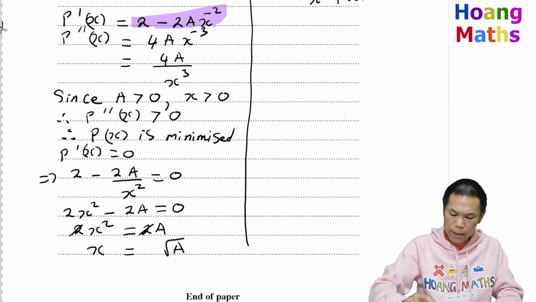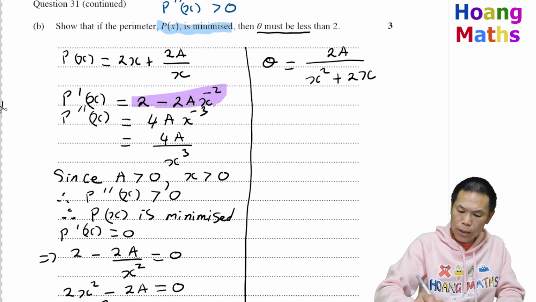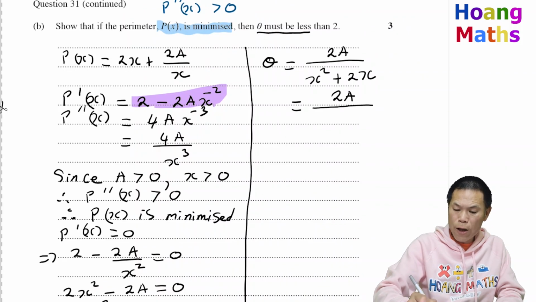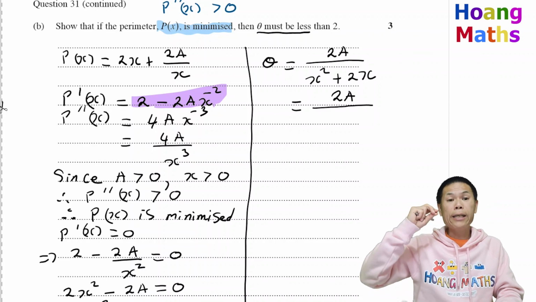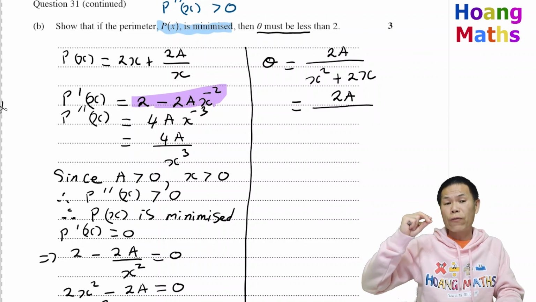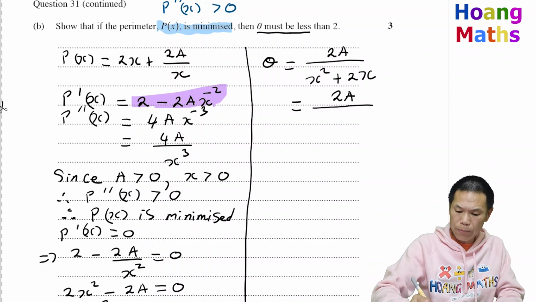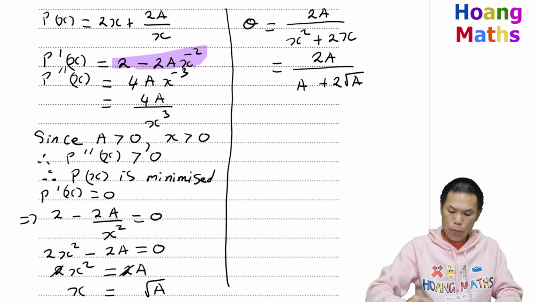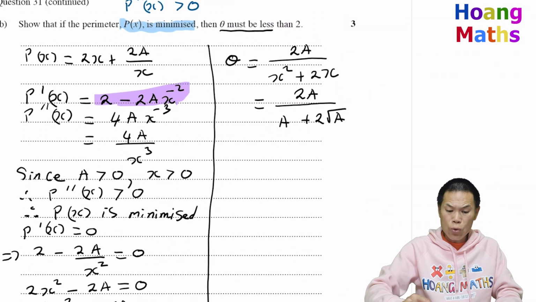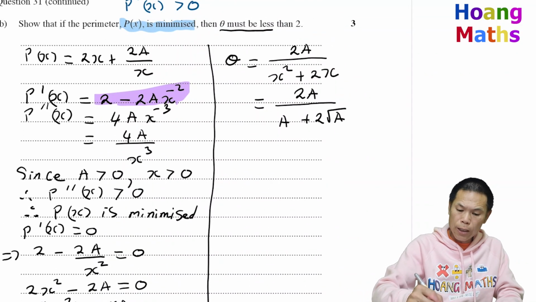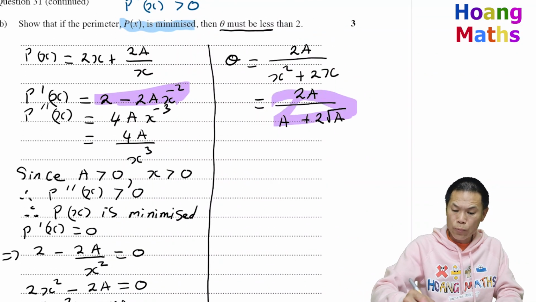And we know that x is square root of a. So that will give me 2a over, and x is square root of a, so square root of a squared gives me a. Keep that in mind. And we add 2x. x is square root of a. So there you go. But then we need to show this is less than 2.